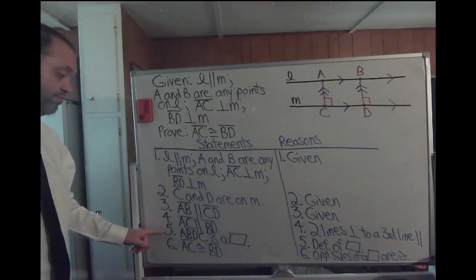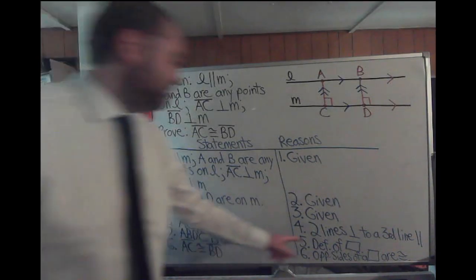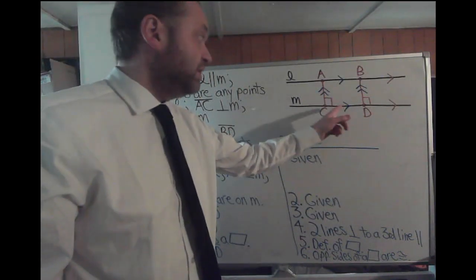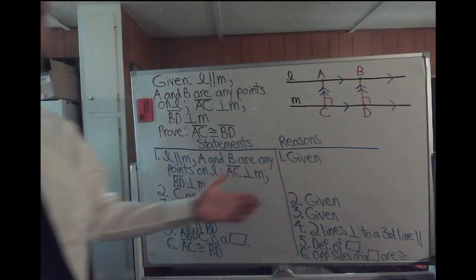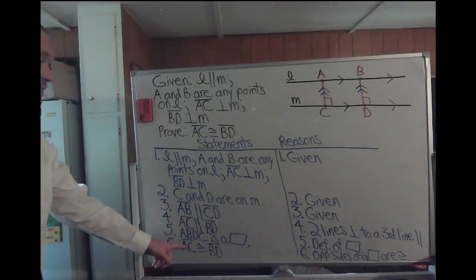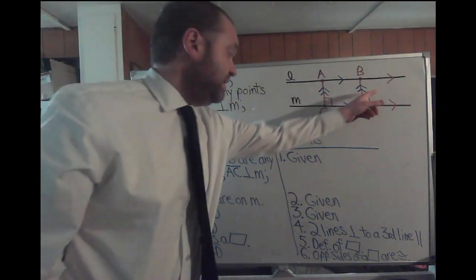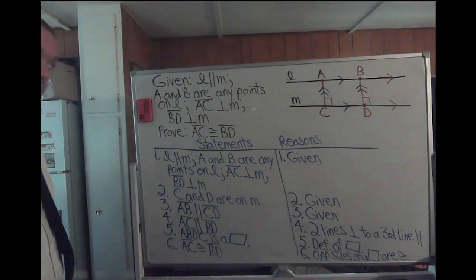Next, we were able to prove that ABDC is a parallelogram by the definition of a parallelogram, because both pairs of opposite sides of the quadrilateral are parallel. And then last but not least, we could prove AC is congruent to BD because opposite sides of a parallelogram are congruent.